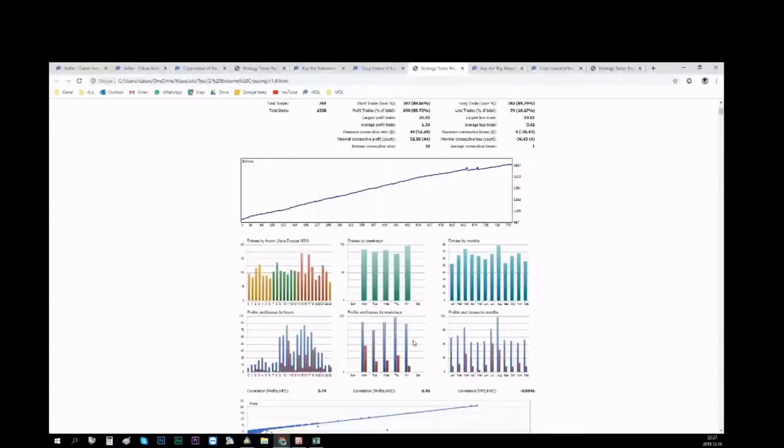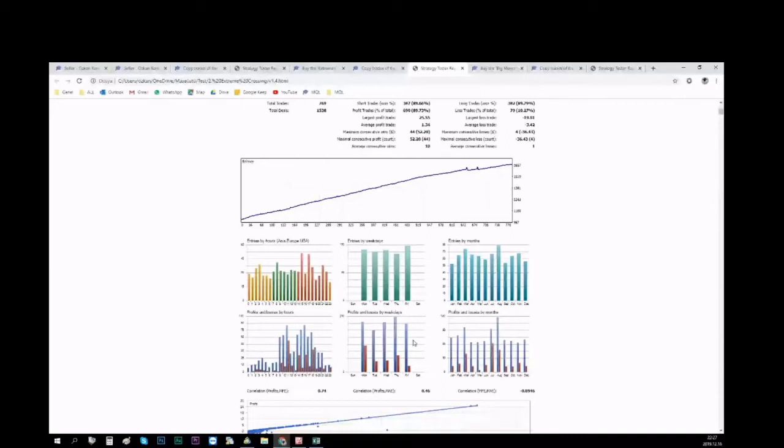I always look at the recovery factor first of all, and if the price is going like that, it's okay for me. I'm not looking for big profits, I'm always looking for stable profits.